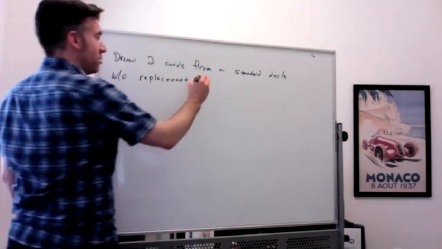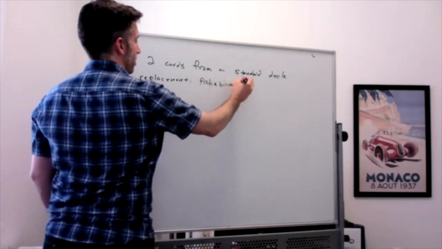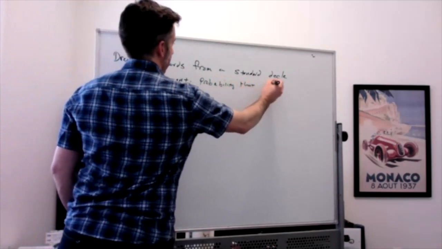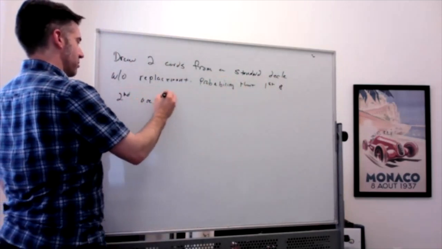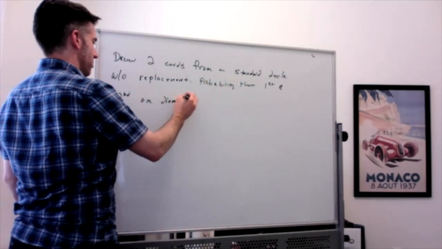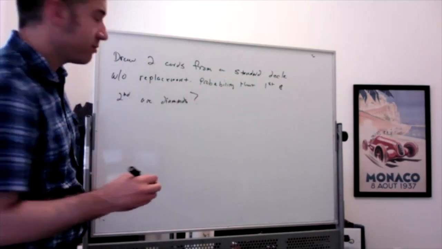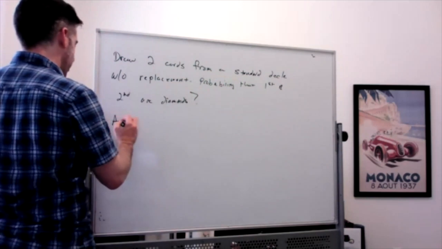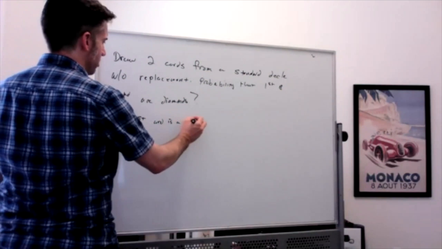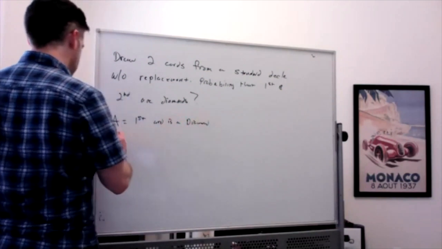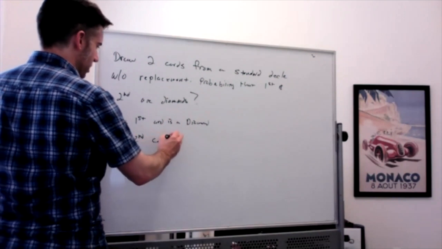What's the probability that the first and second card are both diamonds? Okay, so let's say that A is the event where the first card is a diamond, and B is the event where the second card is a diamond.